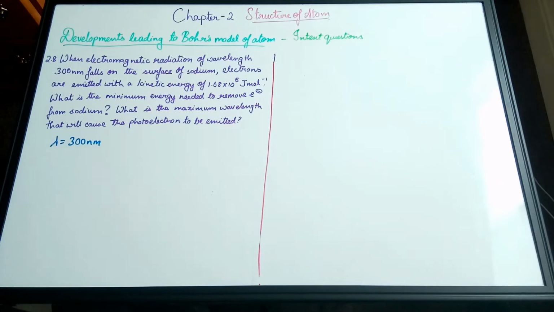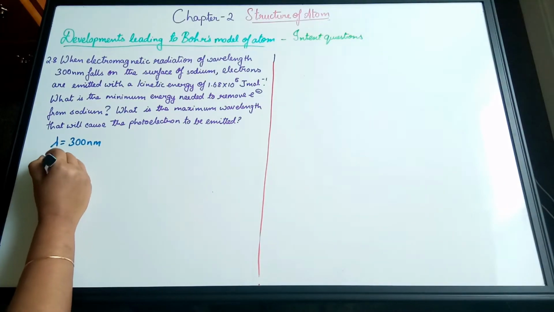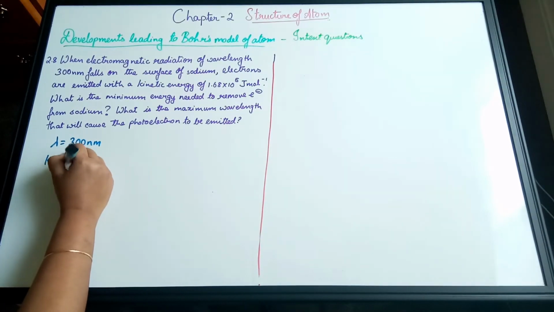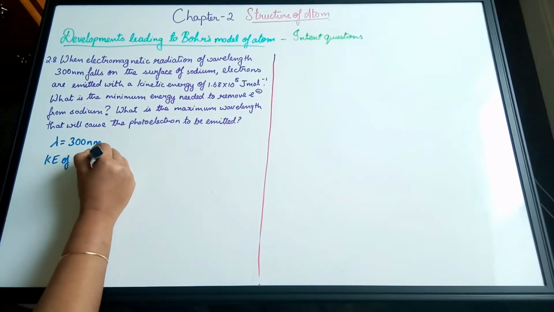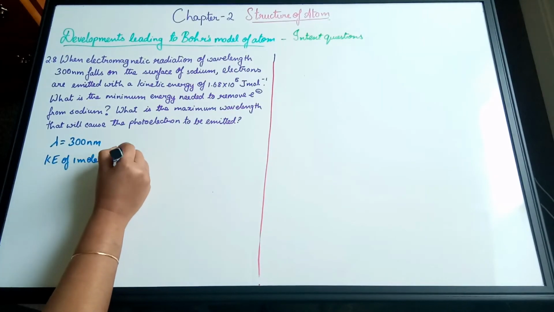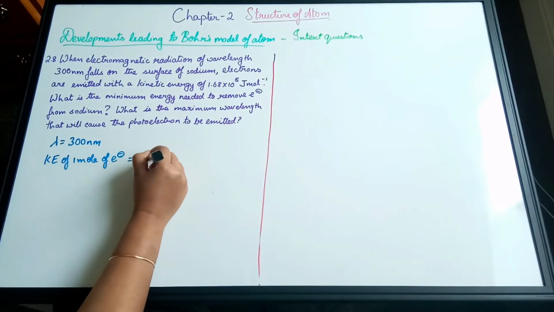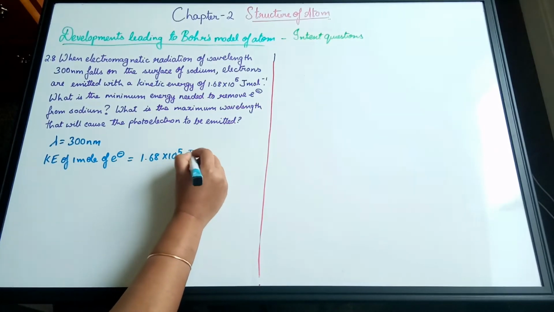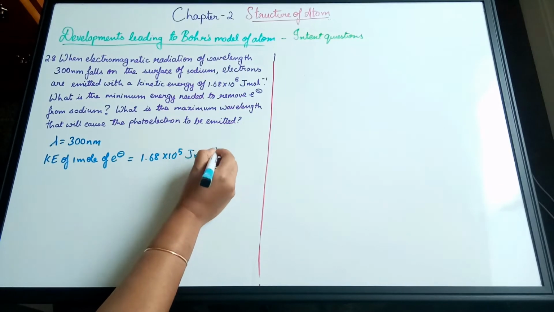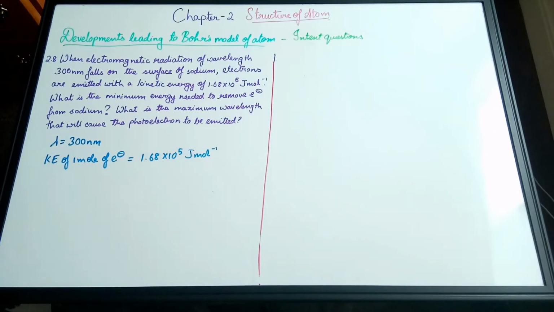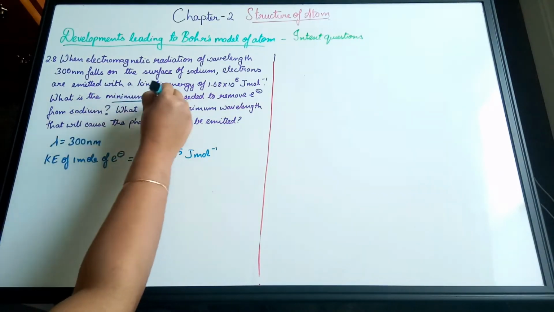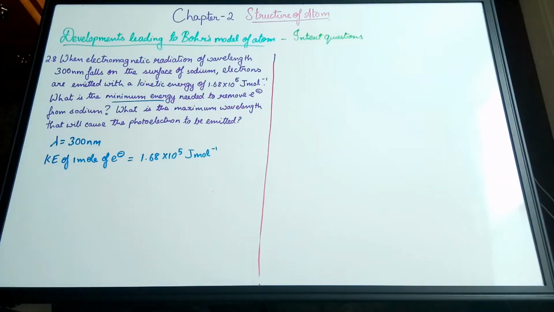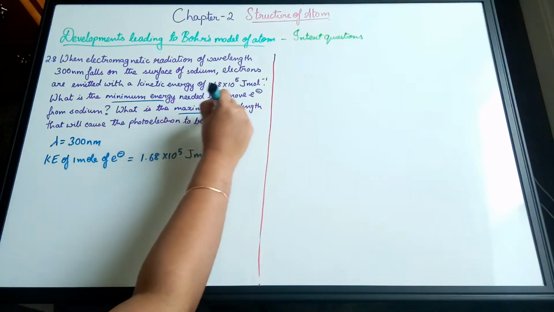We also know that the kinetic energy of the electron which is emitted is 1.68 into 10 to the power 5 joules per mole, because it's 1 mole of electron. We need to calculate the minimum energy which is required, and we also need to calculate the maximum wavelength.